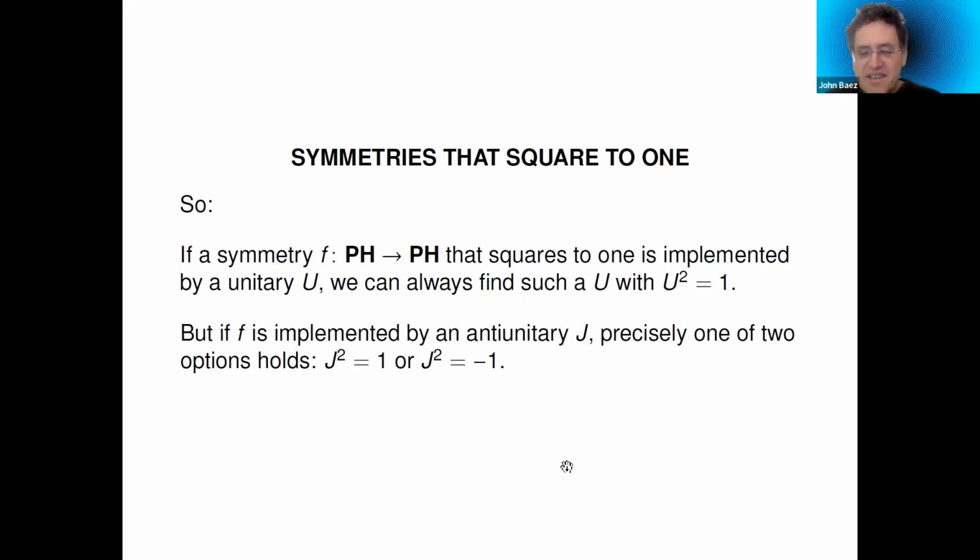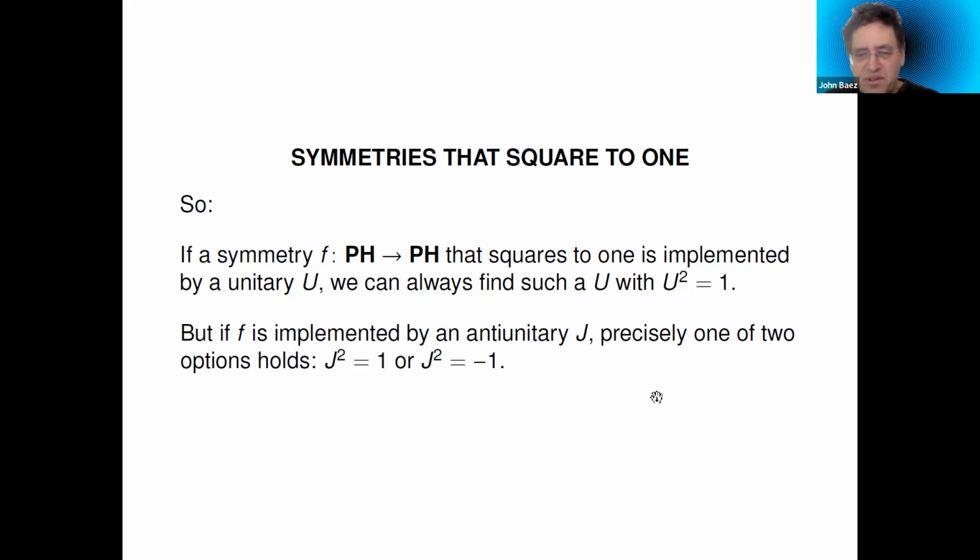Well, this is a threefold classification that's not the same as the threefold way, but it's 2/3 equal to the threefold way. If you have a symmetry that squares to 1, either it's implemented by a unitary, which without loss of generality squares to 1, or it's implemented by an anti-unitary, and then it either squares to 1 or to -1.